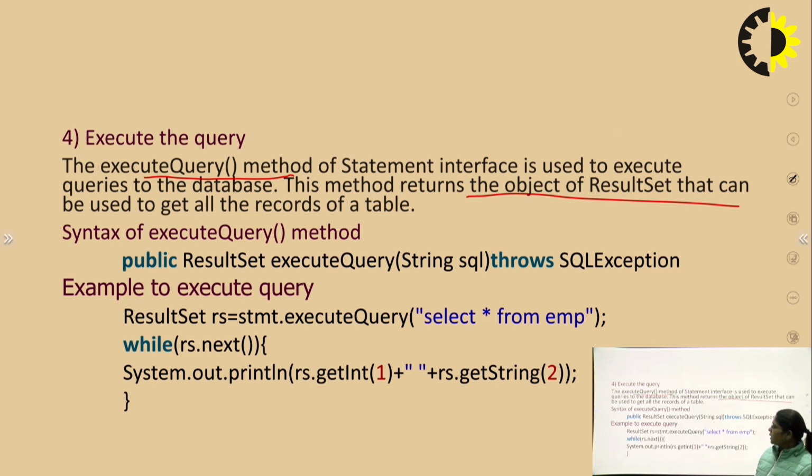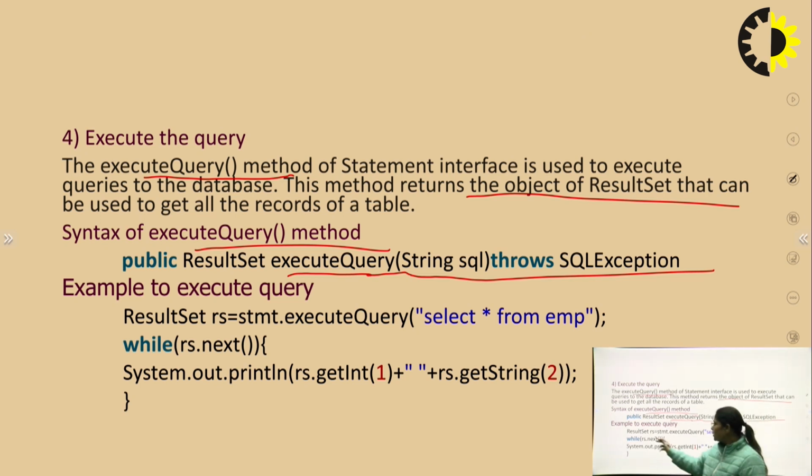What is the syntax of this executeQuery method? ResultSet executeQuery(String sql). Here we create the object of ResultSet and call it on the statement object: stmt.executeQuery.